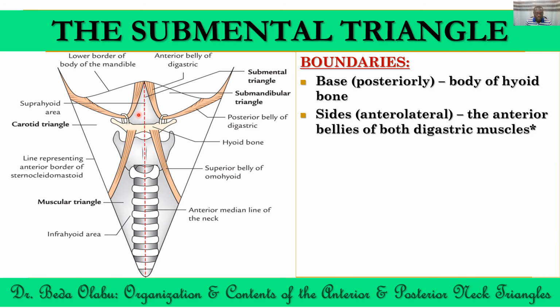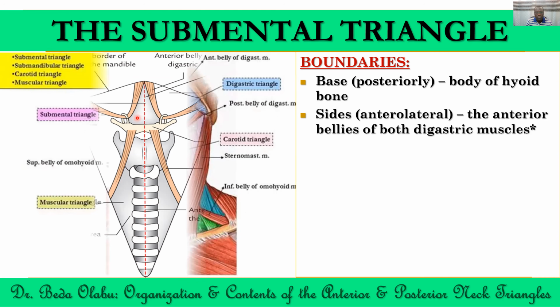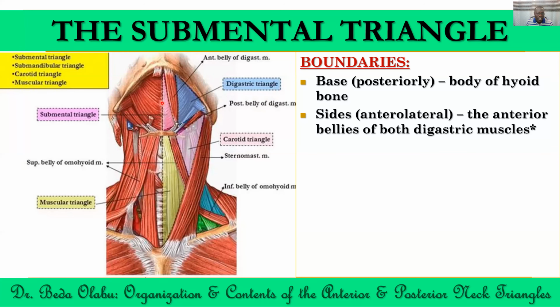Either way, the concept will be that you know where the submental triangle is found and you know the contents there. And you know that the right and the left continue with each other without any boundary, because that midline is an imaginary line. So in this particular case, you can consider that to be the left submental triangle.